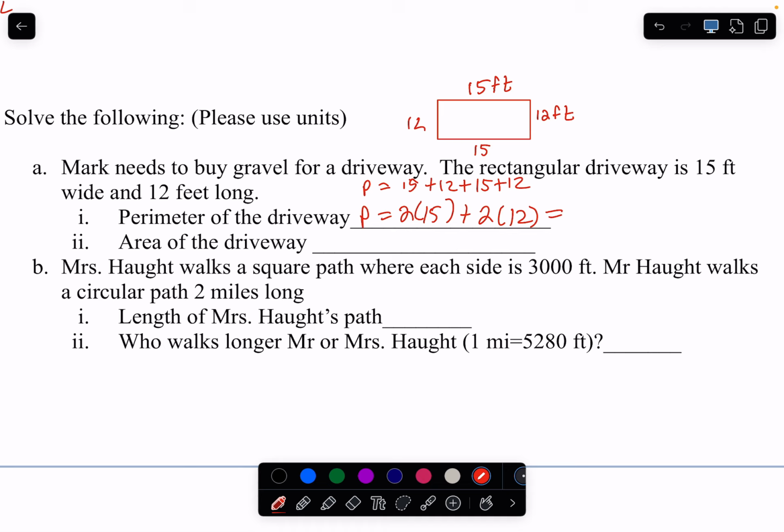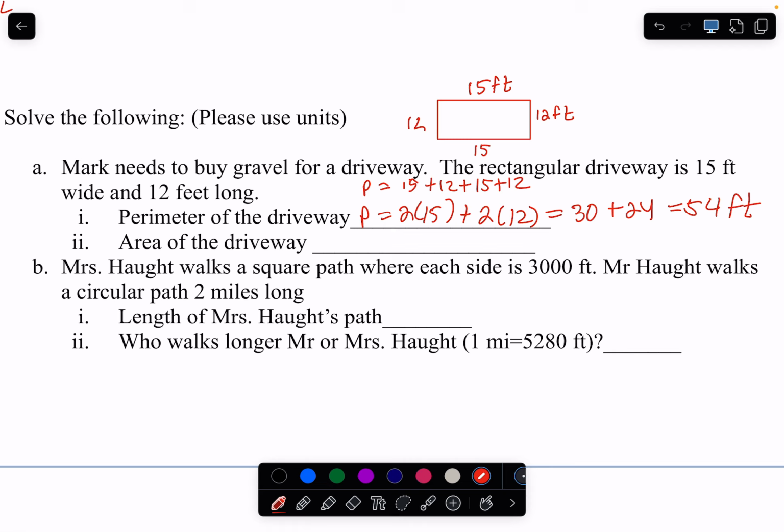That's the easier way as far as mathematically. 2 15s is 30, 2 12s is 24. You get 54 feet no matter if you use the formula or if you just add up the measurements around the thing. So it doesn't matter to me. I always figure there's many ways to do a math problem. And so, hey, do it how you need to do it.